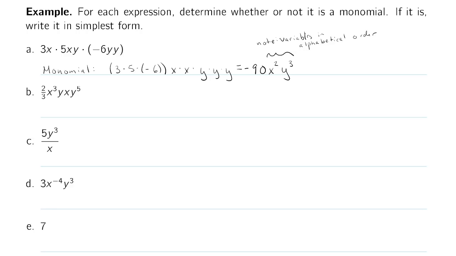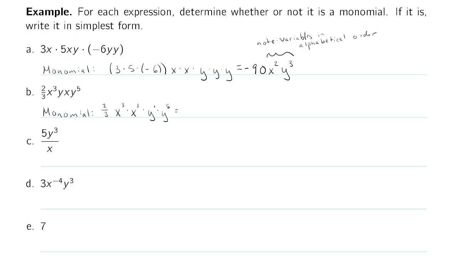So this is a monomial. To put that in its simplest form, well, we only have the one number, so the coefficient is 2/3. And then we have x to the third times just a single x, which we'll write x to the first power, times y. Again, we'll write y to the first power times y to the 5th.